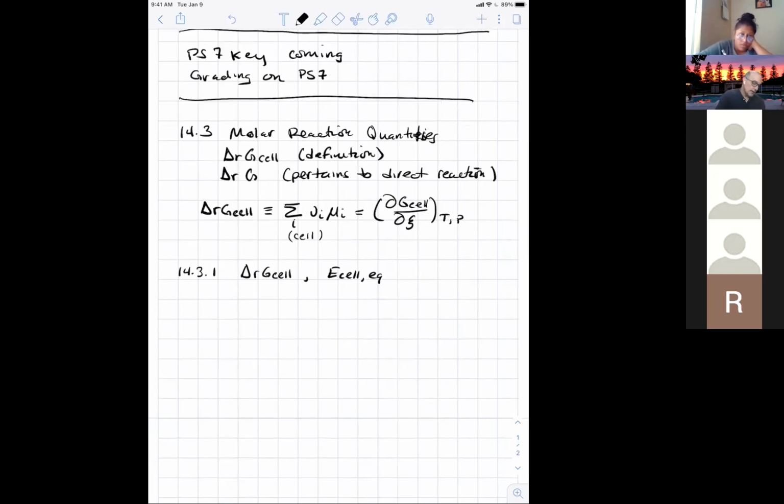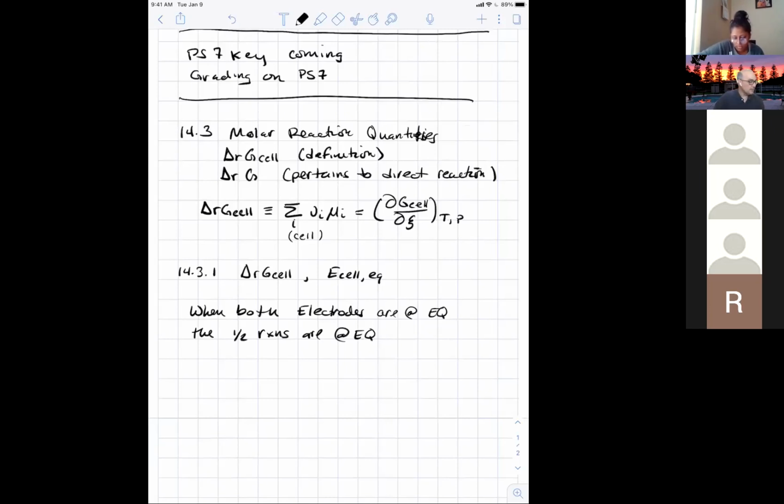So what we want to realize is when both electrodes, remember that when we say electrode, it's probably what you think of as being the half reaction or the half cell. When both electrodes are at equilibrium, the reactions that are involved there are also at equilibrium.